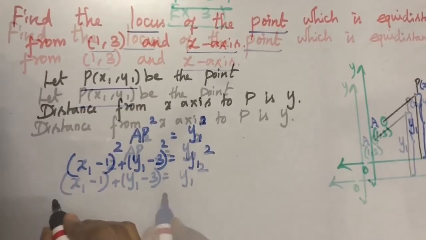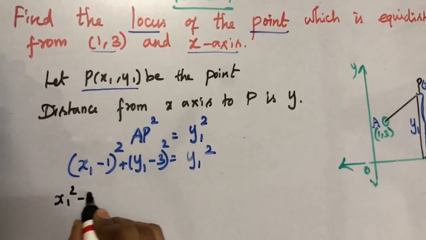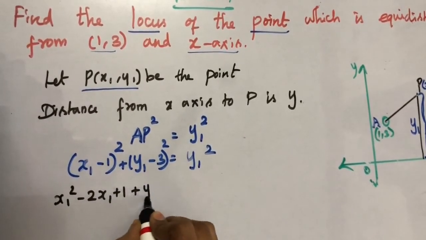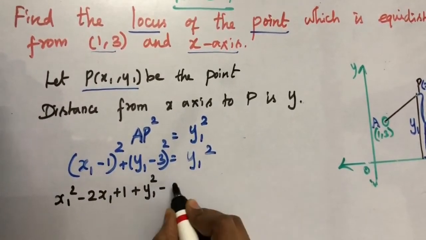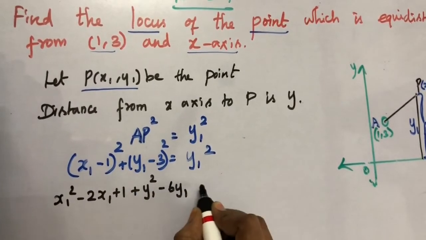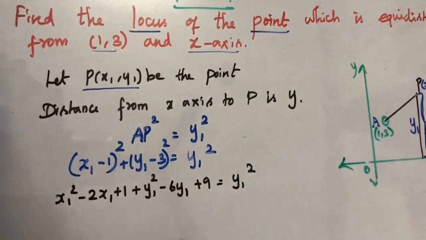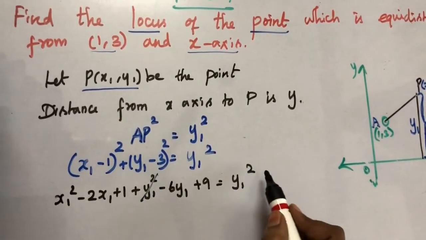So x1 square minus 2x1 plus 1. Similarly, y1 square minus 6y1 plus 9 is equal to y1 square. So y1 square we can cancel.